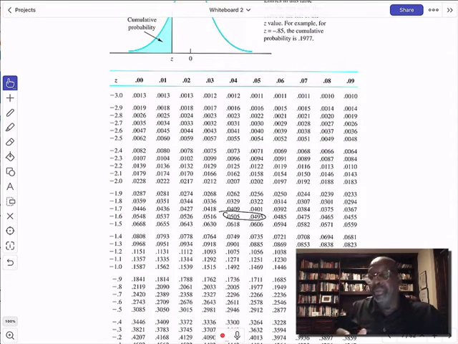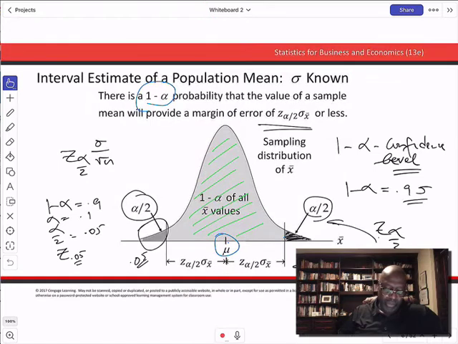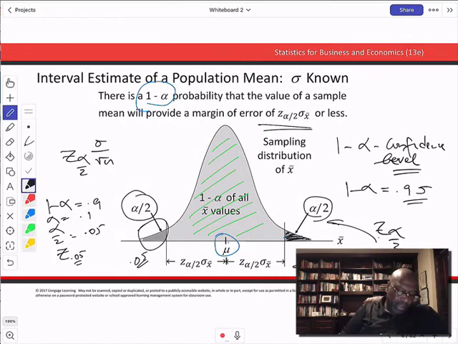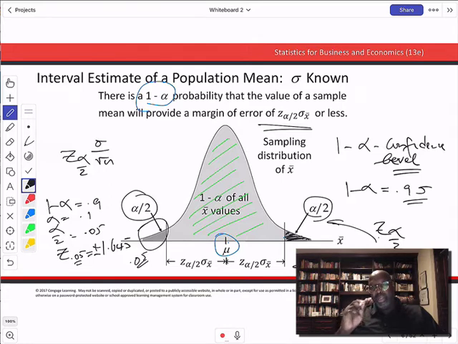You don't have to. You could use 1.64. I've seen some people use 1.65. But your book uses 1.645. They're sort of in between those two, and so the z value would be equal to plus or minus 1.645. So that's when 1 minus alpha is 0.9.